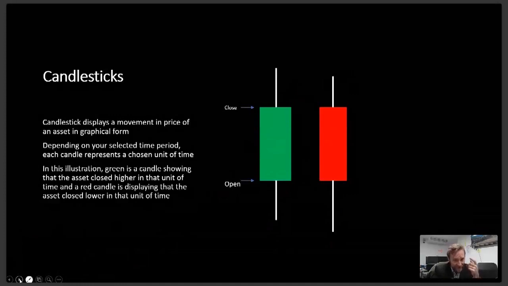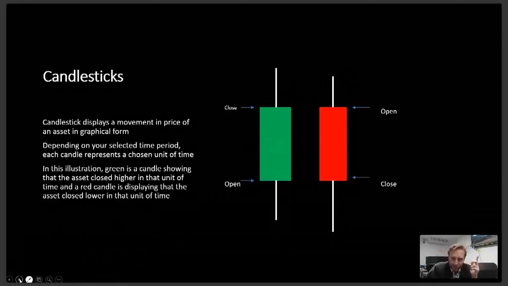If it's a bearish candle, in this illustration red, then the top of the body shows you where the asset opened in that unit of time, and the bottom of the body shows you where that asset closed in that unit of time.